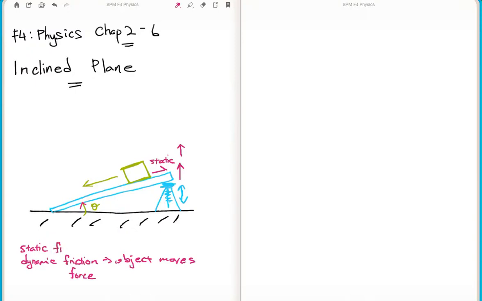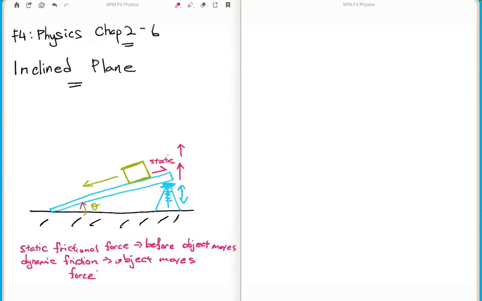It is an impeding force before the object moves. That kind of frictional force is called static frictional force. When the object starts to move, that's dynamic frictional force.